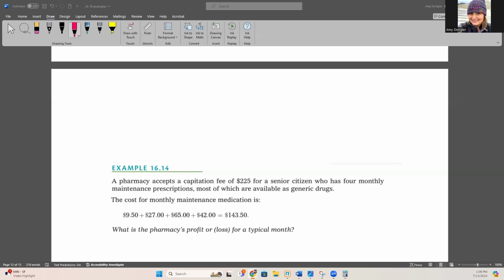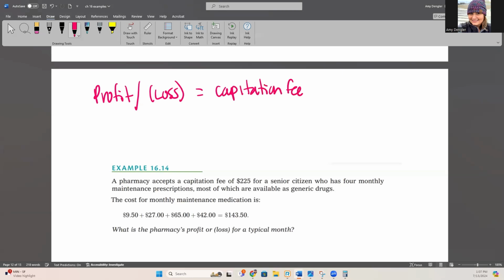So we're using that formula, which is the profit or loss is equal to the capitation fee minus prescription costs.